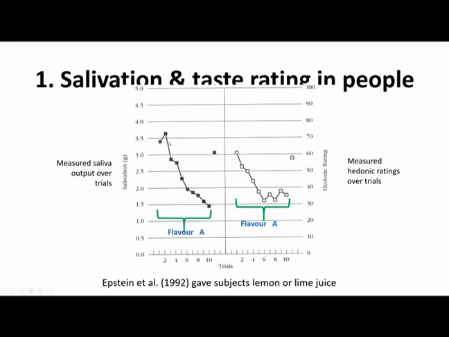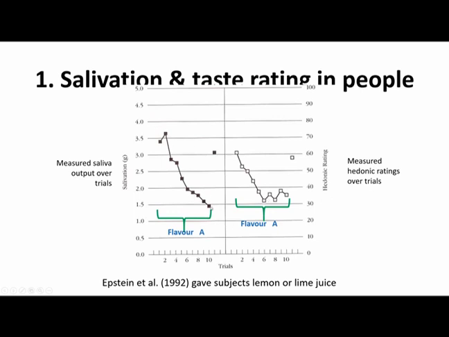And lemon juice can be jarring, so it kind of makes sense. If we jump ahead and look at the 5th trial, we've noticed that our amount of saliva produced has dramatically dropped off, and our rating of how unpleasant it is has also dropped off. So here we're seeing a reduced response and a reduced perception of it over time.